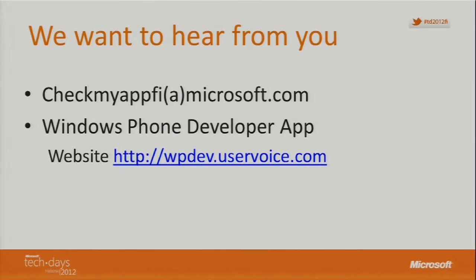Another alias we created, and I'm just checking that we typed it right: yes, checkmyappf5@microsoft.com. That alias comes to me, Drazen, and Vesa-Matti Paananen, and if we have the bandwidth, we try to scan it. If you have a really good app, one which follows the Metro guidelines and uses the platform's special features like live tiles and push notifications, that could be one we start promoting in the marketplace.